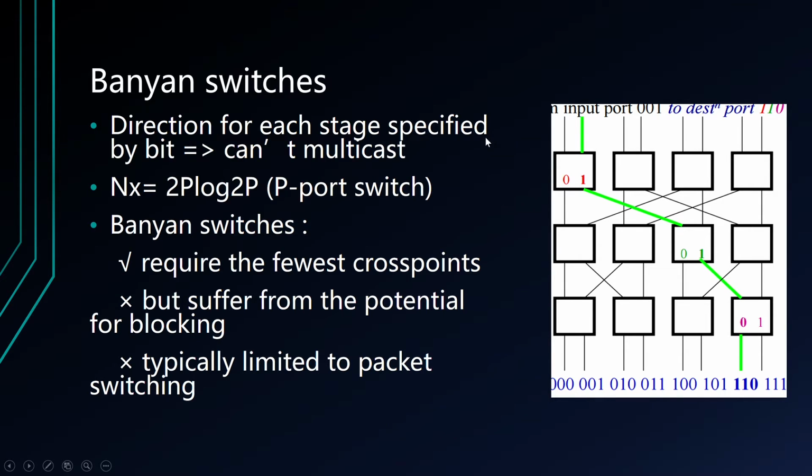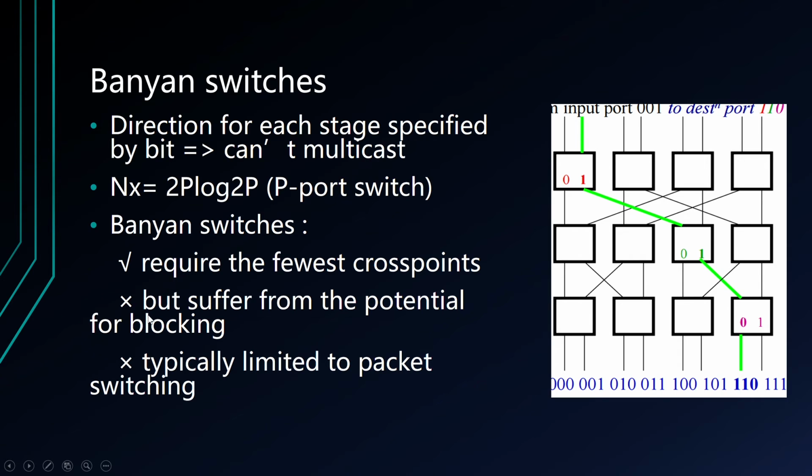The difference from the Clos switch is that the output port can be changed according to the bit, but overall they cannot multicast the packet. But the cross-points are fewer than in the crossbar.